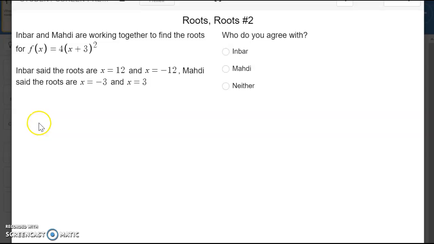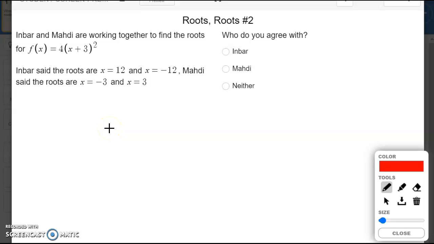Imba and Mahdi are working together and finding roots for f of x is equal to 4 multiplied by x plus 3 all squared. Imba said the roots are x is equal to 2 and x is equal to -12. Mahdi said the roots are x is equal to -3 and x is equal to 3. Who do you agree with?